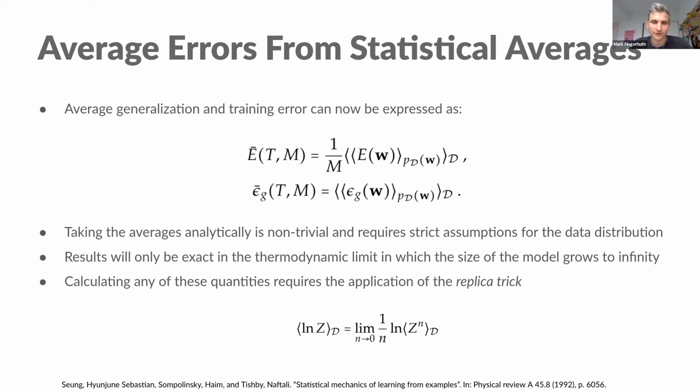Obviously, taking these averages analytically is non-trivial, and in some cases it requires very strict assumptions on the data distribution. And the results, as I mentioned earlier, technically are only exact in the thermodynamic limit, but there is a lot of evidence that many of the results are applicable to smaller data set sizes and smaller model sizes as well.